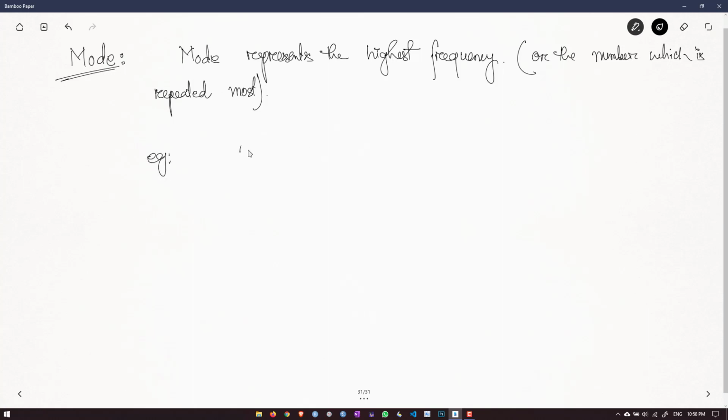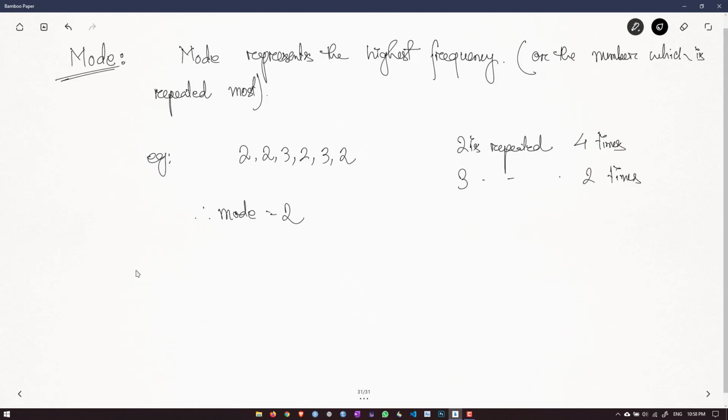So for example, if the values are 2, 2, 3, 2, 3, 2, here 2 is repeated 1, 2, 3, 4, 4 times, right? And 3 is repeated 2 times. Now 2 is repeated highest number of times, therefore mode will be equal to 2, right? But there may be situations like this: 1, 2, 3, 1, 2, 3.